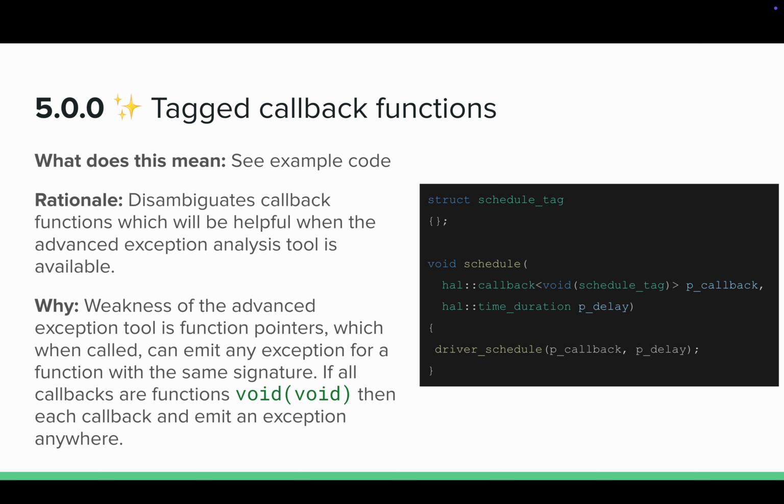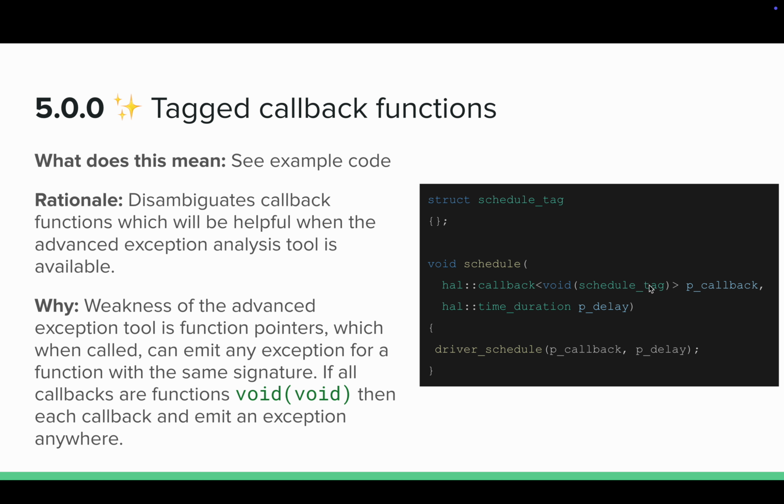So what we're going to do in the advanced exception tool is fuse all of the calls that have the same signature into one, and say that if any one of these can throw an exception, all of them called from that point can throw that same exception. Same thing with callbacks.